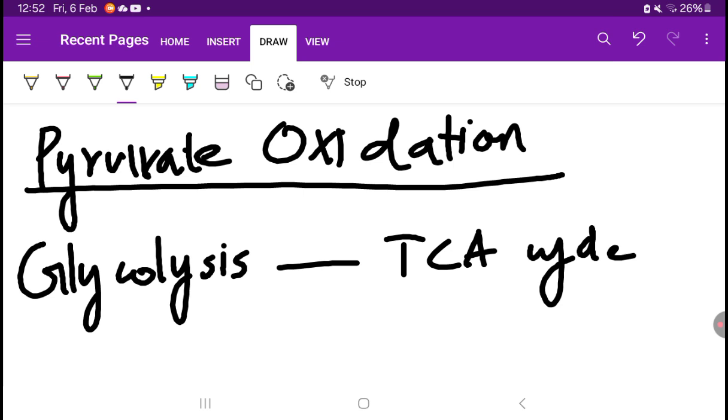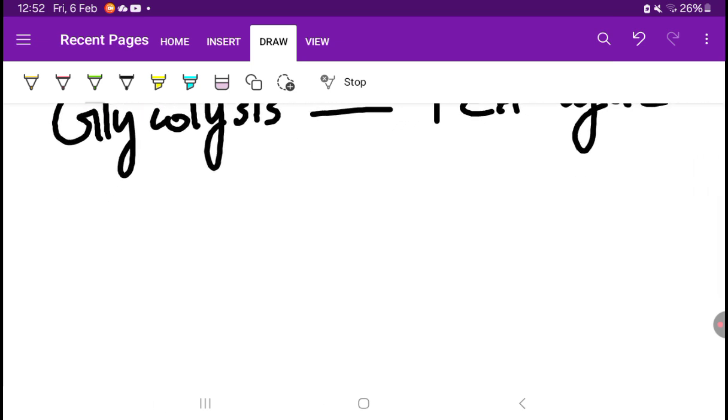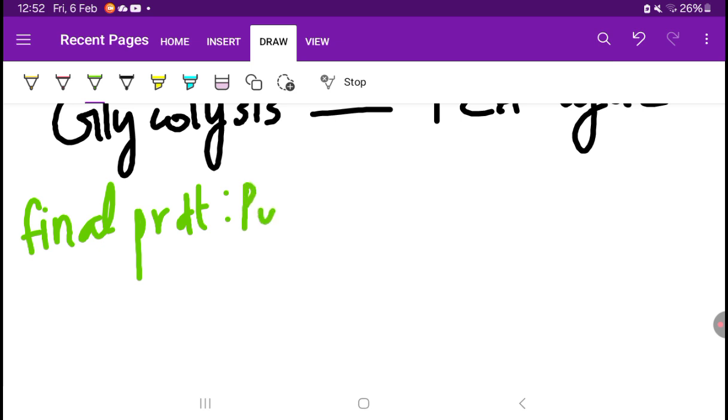So in this process, the final product that we are getting from glycolysis is pyruvate.